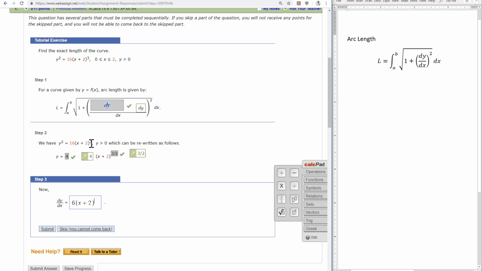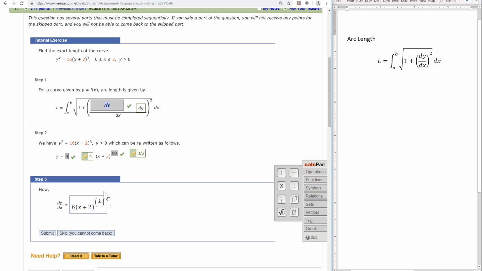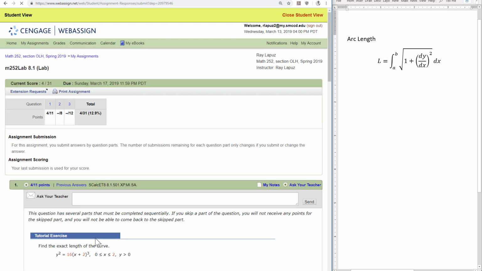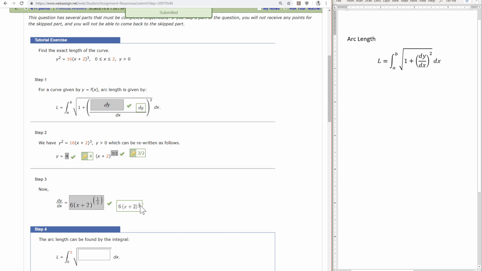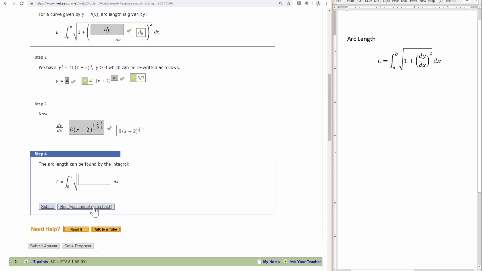And then we need to subtract 1 from 3 halves. So 3 halves minus 1 is 1 half. And that's going to be the power that we have. Technically we needed to take the derivative of the inside, but the derivative of x plus 2 is just 1, so we should have included that, but it worked out.